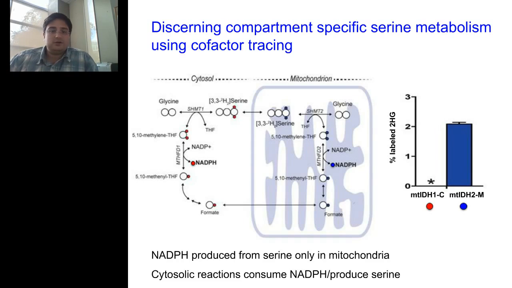So if we fed deuterated serine to a couple of different cancer cells, we only detected labeling in the mitochondrial NADPH pool, but not the cytosolic pool in our cytosolic reporter system, indicating that these cytosolic reactions actually consume NADPH and produce serine rather than being involved in serine catabolism.